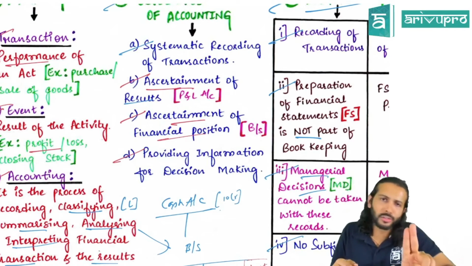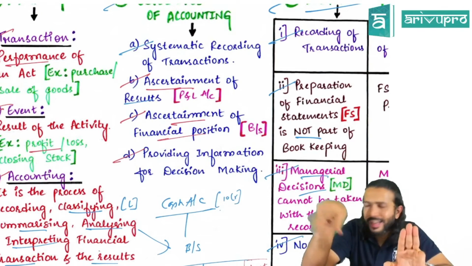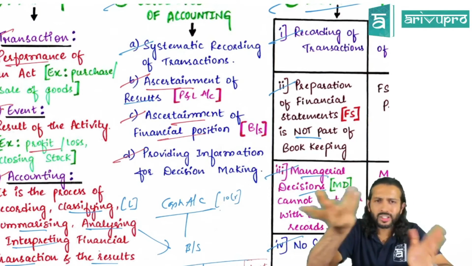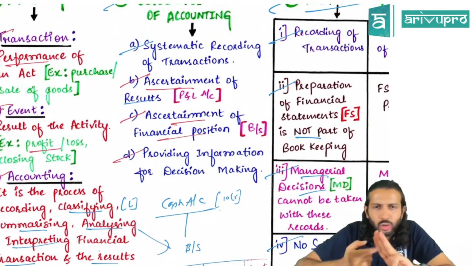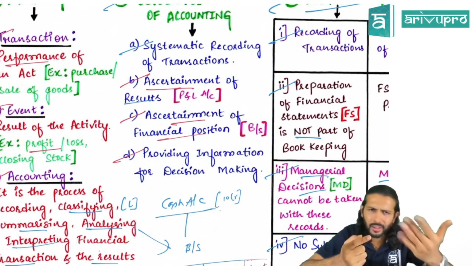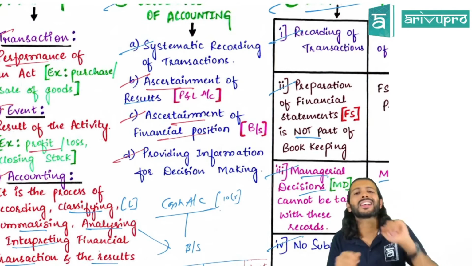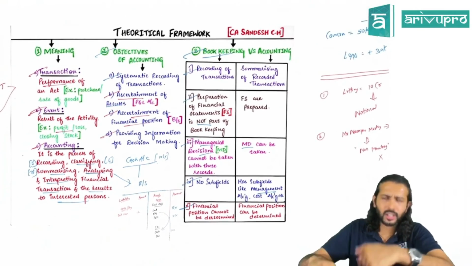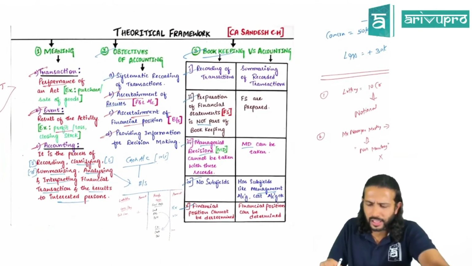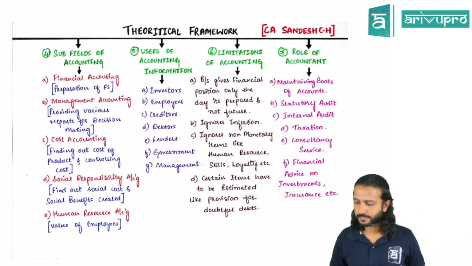Fourth, with bookkeeping, you cannot take managerial decisions because data is not available, but with accounting you can. Also, bookkeeping does not have any subfields, but accounting has subfields like financial accounting, managerial accounting, cost accounting, etc., which we will cover next. So far any doubt, anybody? All good?